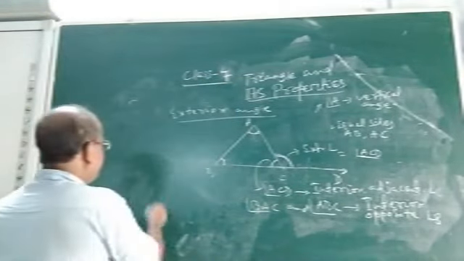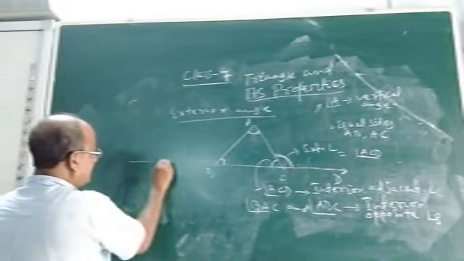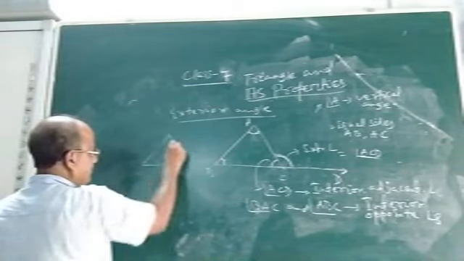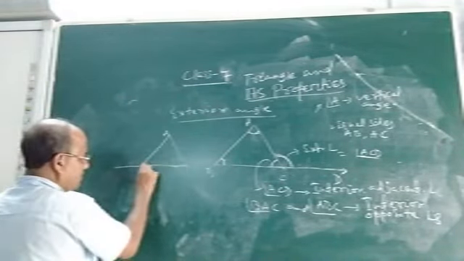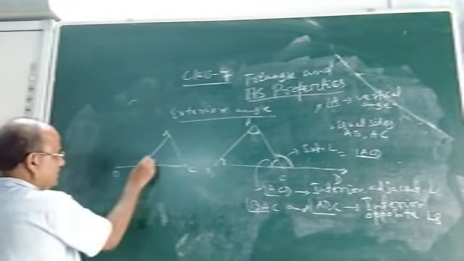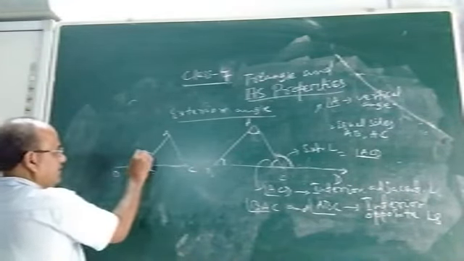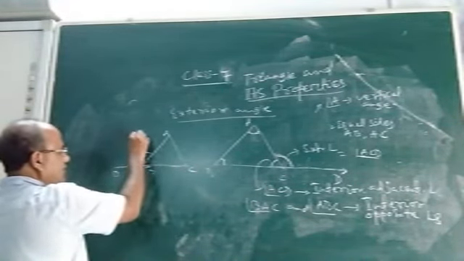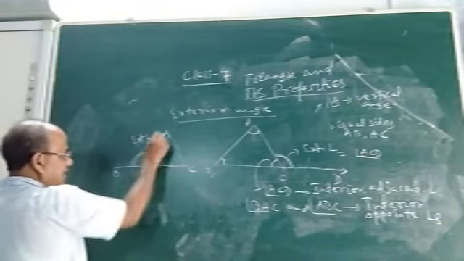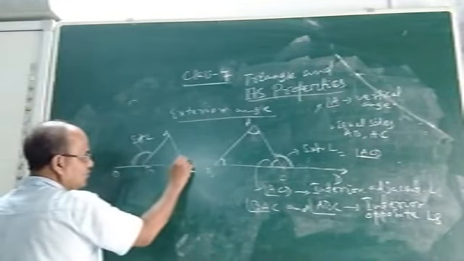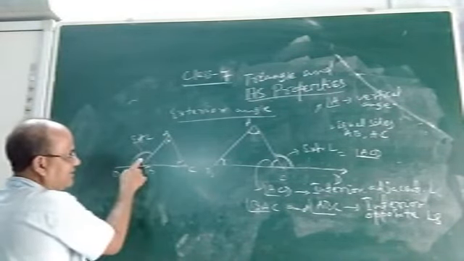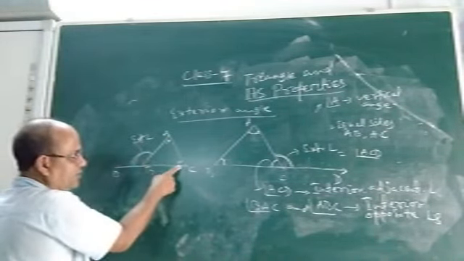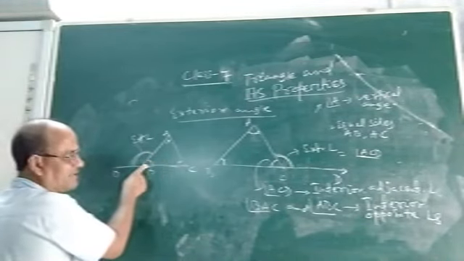Let me make this point more clear. Suppose let us produce in this side. Suppose A, B, C. Now see, this is an exterior angle. When this is exterior angle ABD, these two, angle A and angle C, will be interior opposite and this will be the interior adjacent.